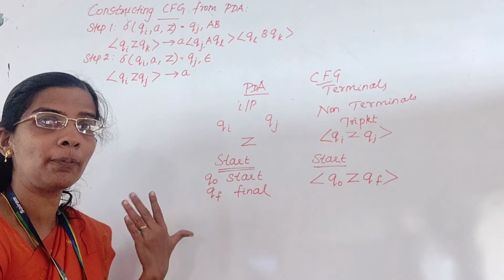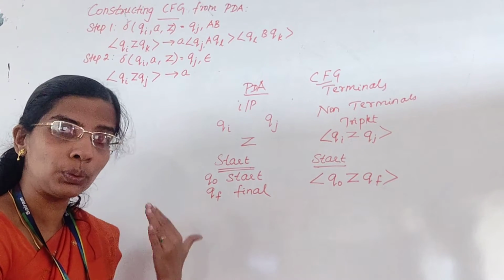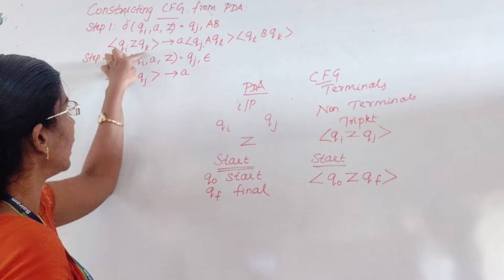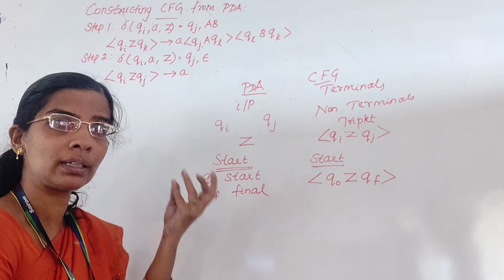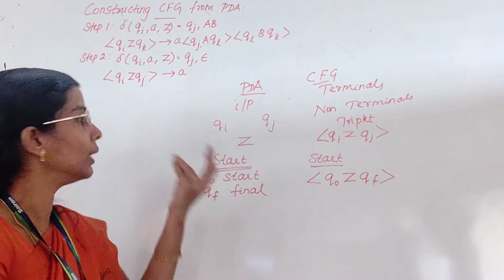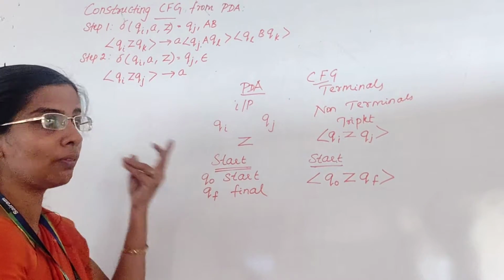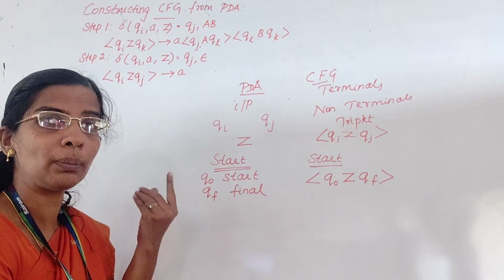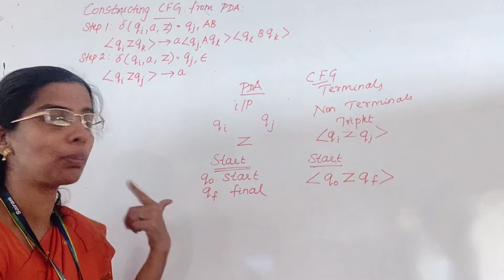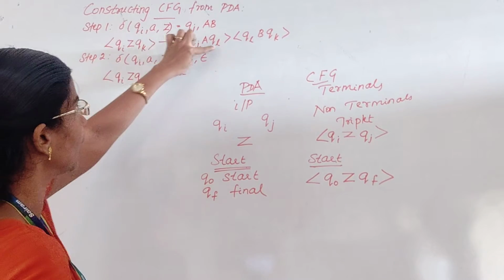Suppose in your PDA you have till Q3 state, K and L will take Q0, in the next iteration Q1, then Q2, and then Q3. It will take all the possible values, both K and L.